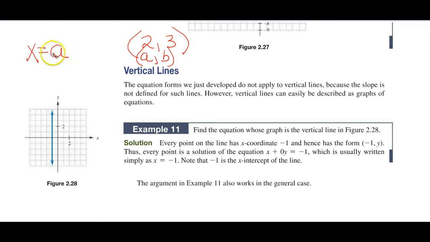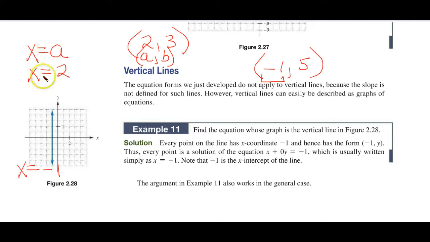What do you think your equation is going to be? Well, it's going to be x equals 2. But here they're saying they want it to go through a -1 and then some other point up here. It doesn't make any difference. For this equation, it's going to be x equals your a value, -1.